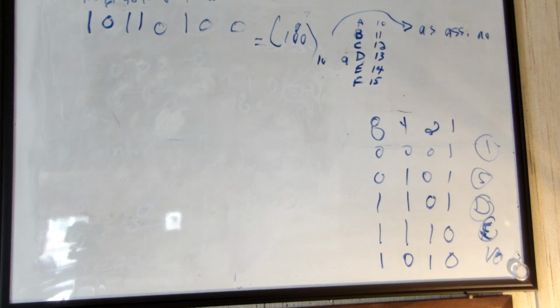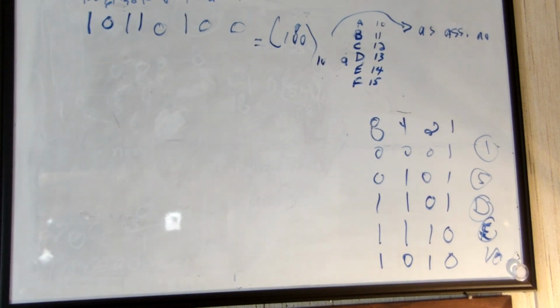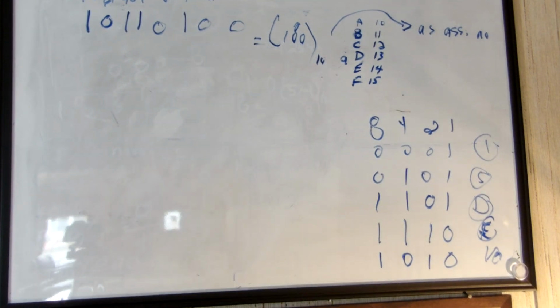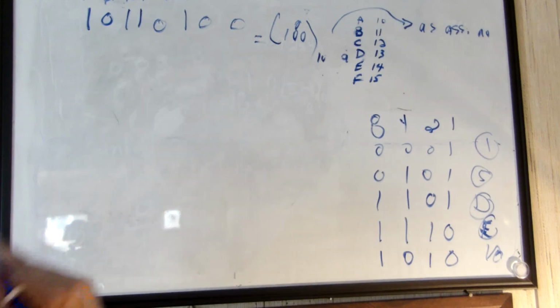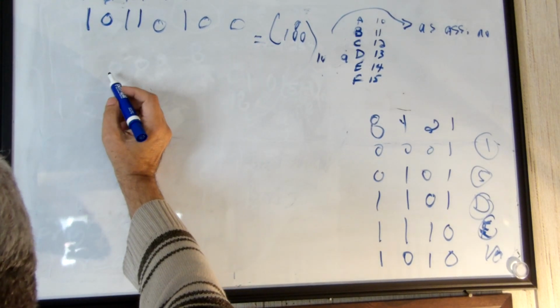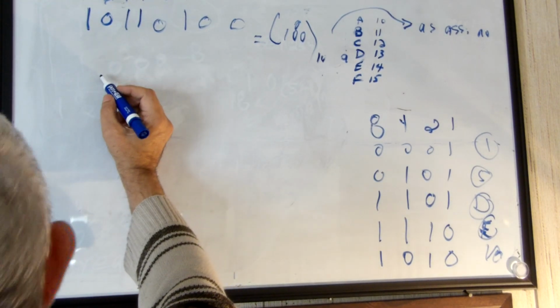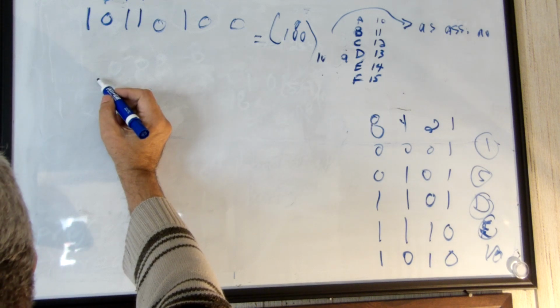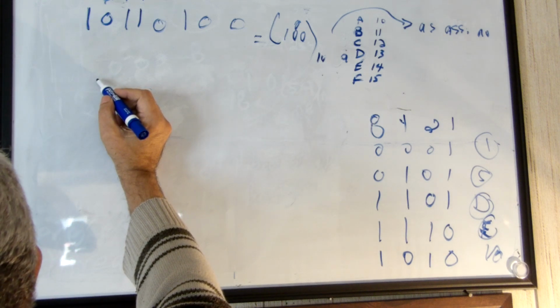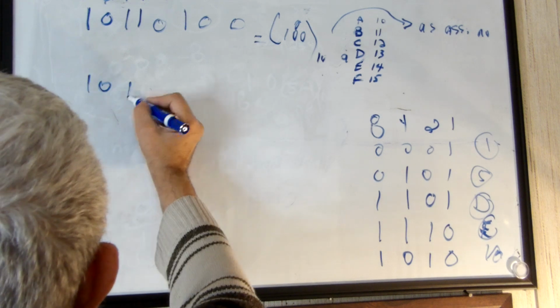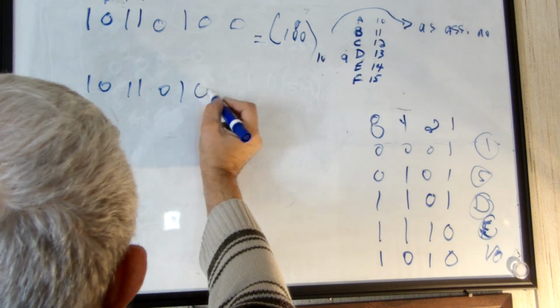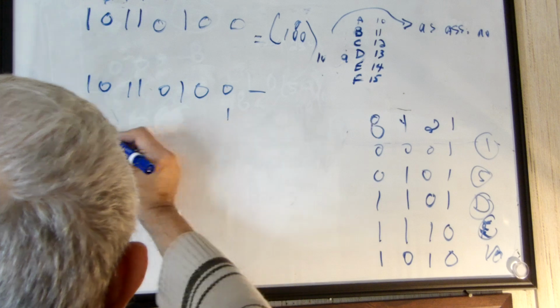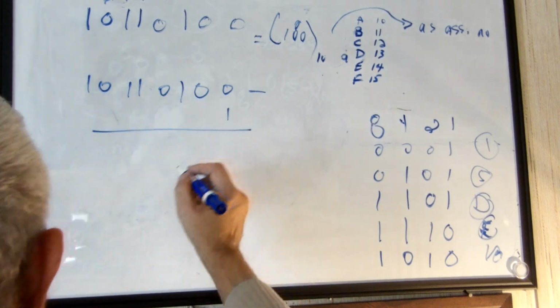Now, if you subtract 1 from 10110100, minus 1, what is it? What is that?